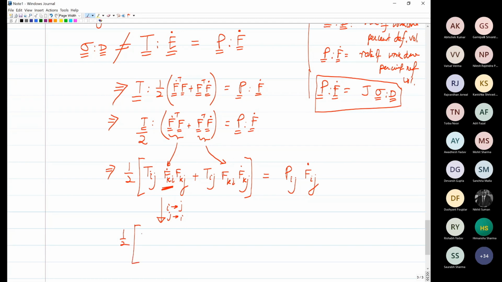So you have half of, so T_ij then becomes T_ji, right? Because i to j, j to i. And then here we have F dot_kj, and here we have F_ki. So you can do that because i and j are dummy indices. So you can change i to j and j to i, and you still get the same thing. Okay. And then the next one is already very nicely F dot_kj. So I just write it as T_ij F_ki F dot_kj.